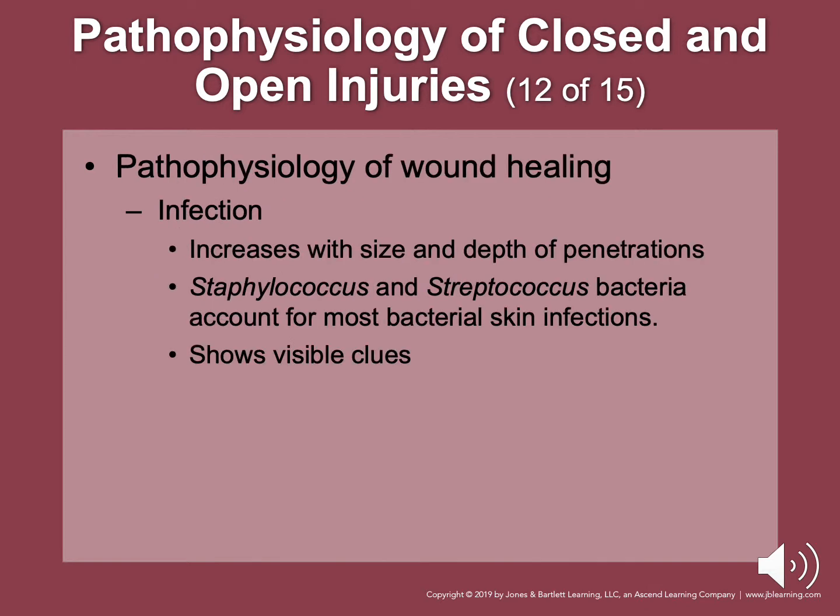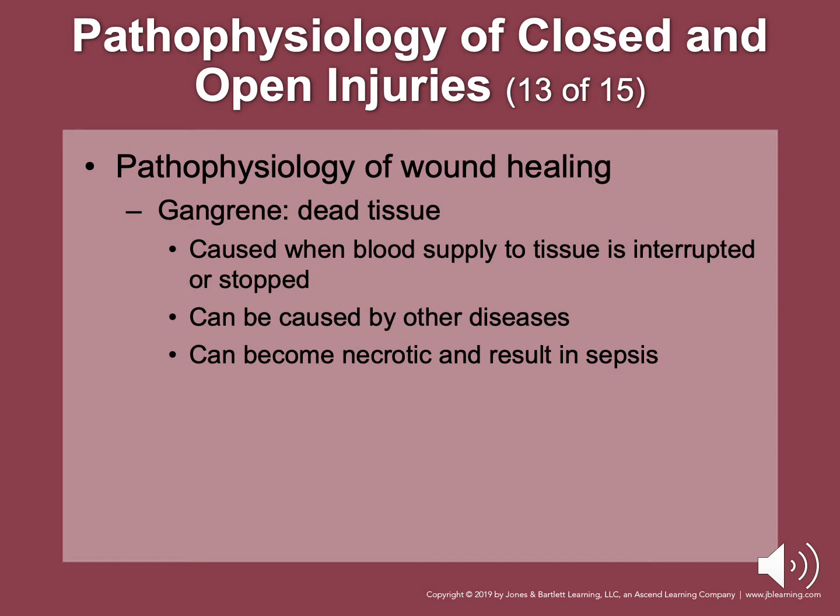So, the pathophysiology of wound healing: infection risk is increased with size and depth of penetration. Bacteria account for most bacterial skin infections. Visible clues may be erythema, pus, warmth, edema, and local discomfort. Gangrene, dead tissue itself, is caused when blood supply to tissue is interrupted or stopped.